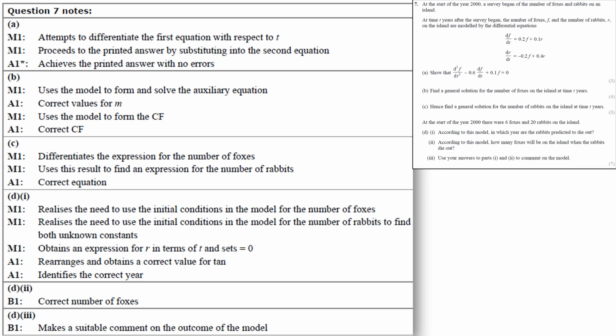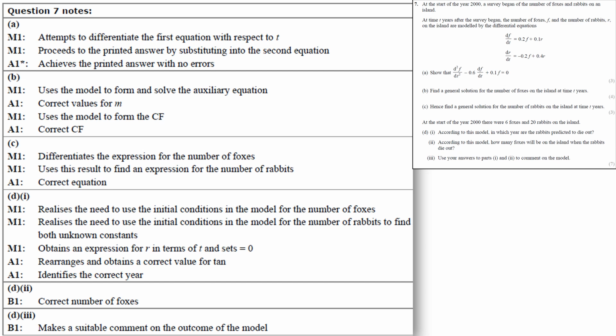Finish up just by having a look at the mark scheme. Remind yourself that this was a chunky question in terms of marks and exactly what you'd be looking for to pick them up. So the first 3 marks are for differentiating the first equation, and then for substituting in order to create the second equation, and then the final answer mark if you manage that without any errors.